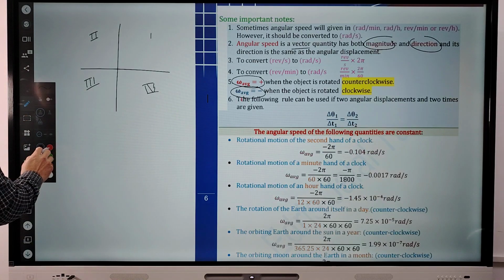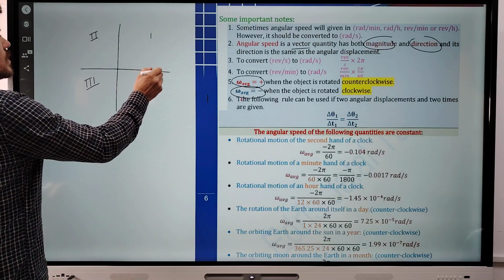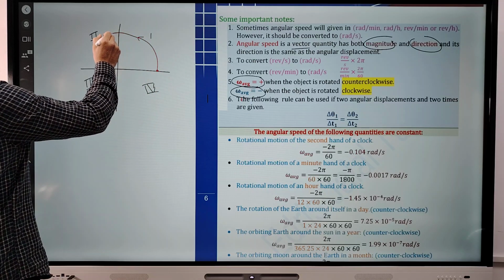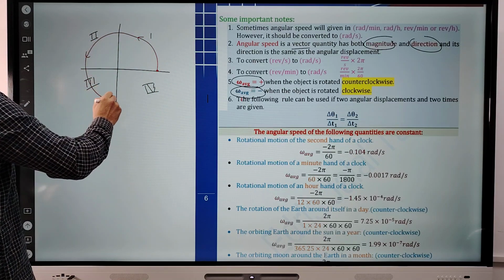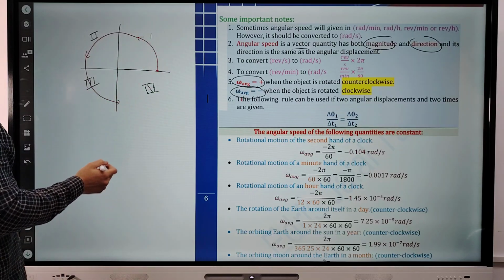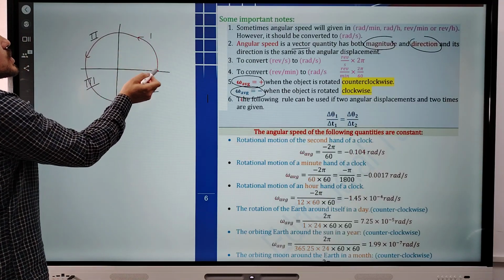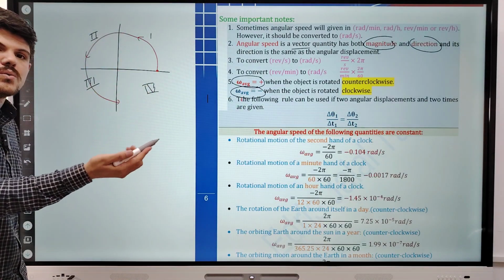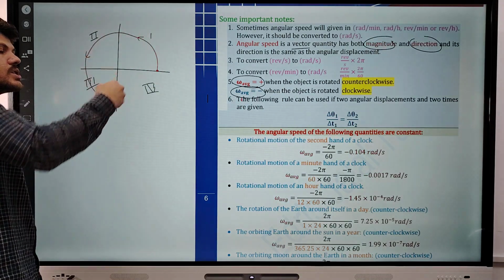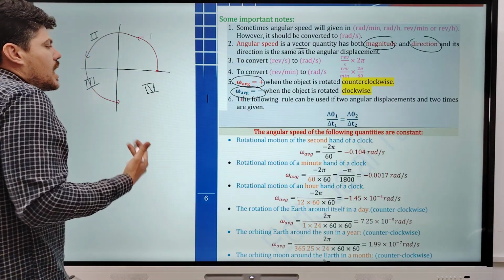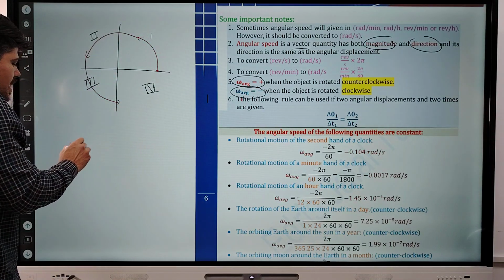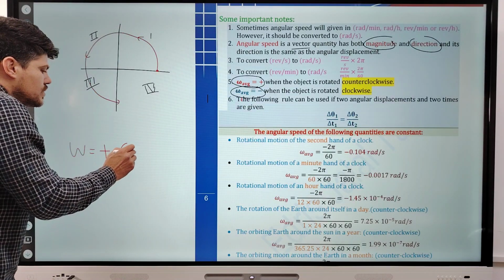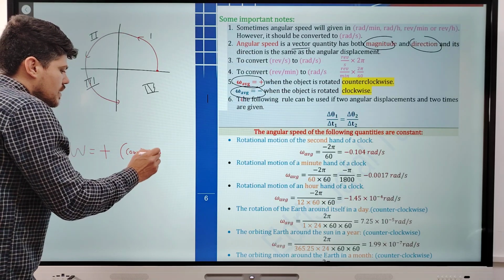When the object starts rotating here, like that, what happens to the number of the quarter? Is this rotation clockwise or counterclockwise? It is counterclockwise. How can you recognize omega has a positive sign in the case of counterclockwise?